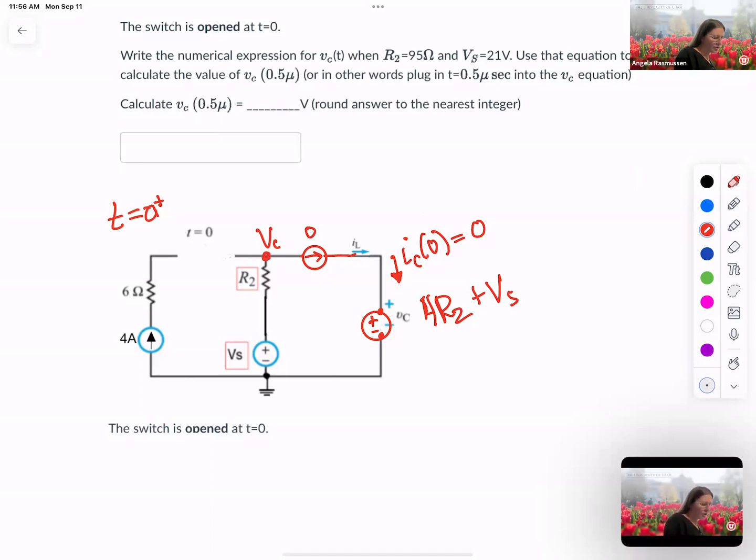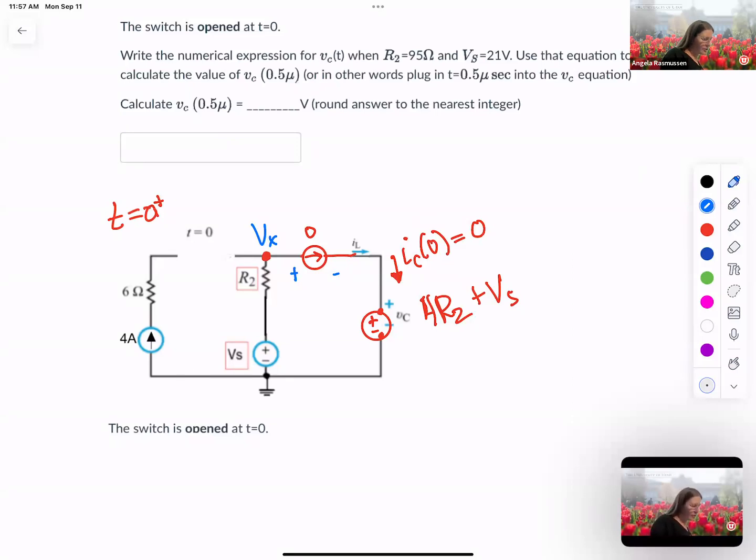So your voltage at VC here, relabel this a different voltage because it's no longer VC. So you're going to have voltage drop across, I'll call it VX. So there's going to be voltage drop across that current source, but there's no current flowing through it.